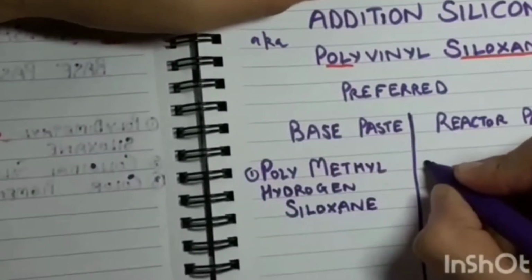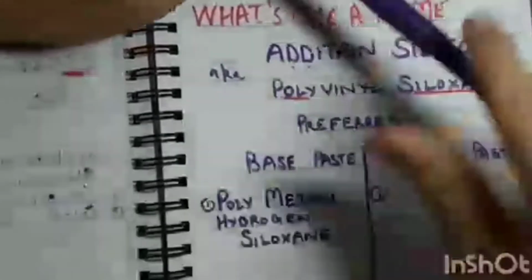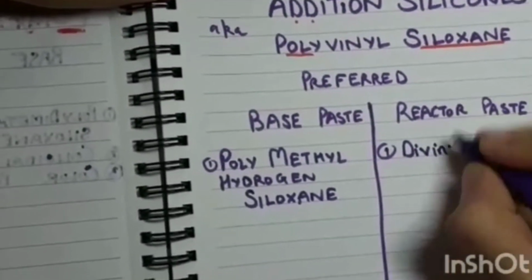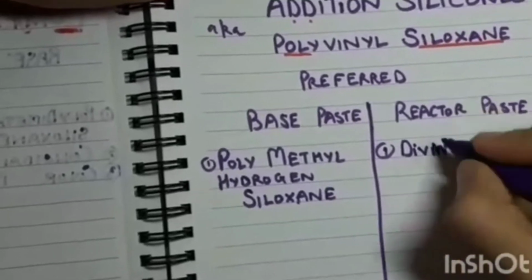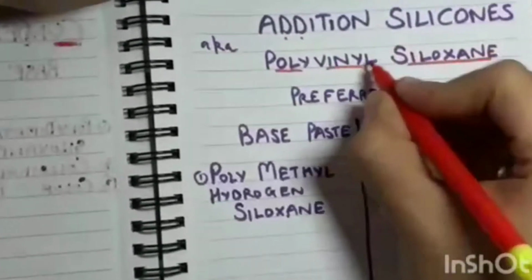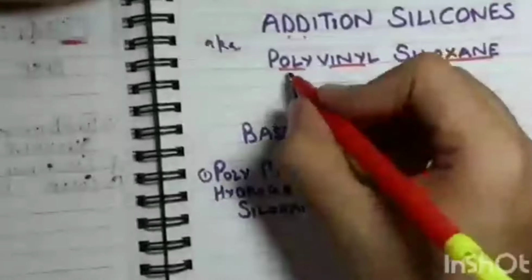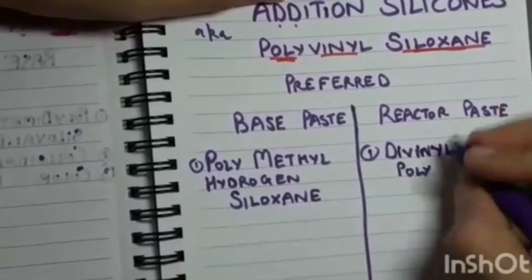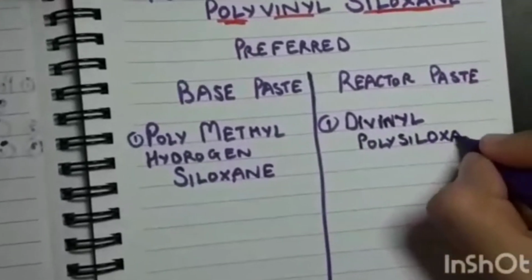So the first ingredient in reactor paste is, we'll take 2 D's, but we won't write 2 D's, we'll write as di, which means 2, and we'll take vinyl from polyvinyl, and we'll write poly, and we'll take siloxane, so it's divinyl polysiloxane.